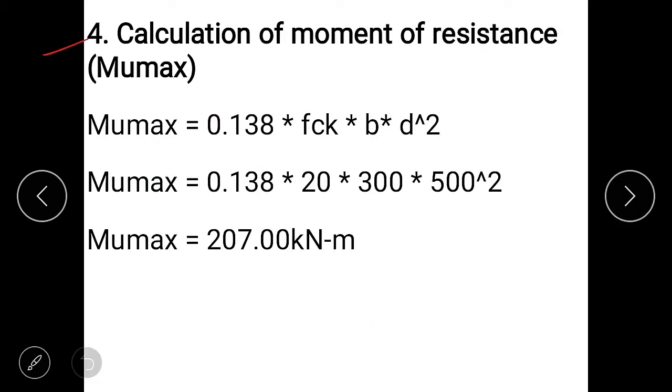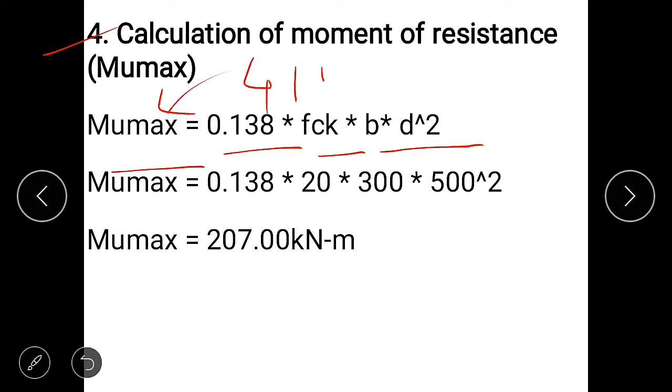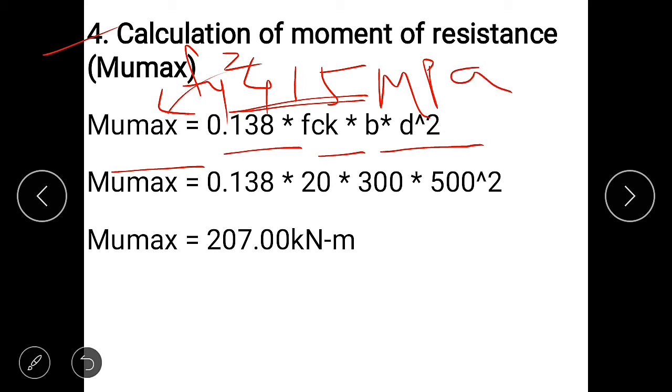Okay, so the fourth step, we have to find Mu. For Fe415, the value of Mu max is 0.138 FCK b d square. This formula is for Fy415. The formula is different for under reinforced sections, for balanced sections, and for over reinforced sections. Here we consider Fy415 and a balanced section.